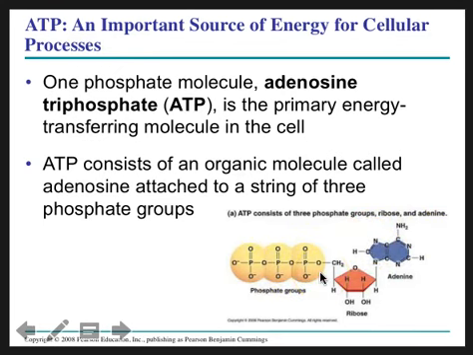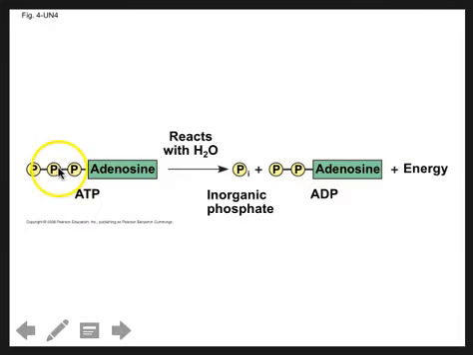What happens here is we break this bond between the phosphates. We want to cleave off the furthest out phosphate, and when we do that, it releases energy. I do this with water, by the way, and now I have ADP, or adenosine diphosphate.